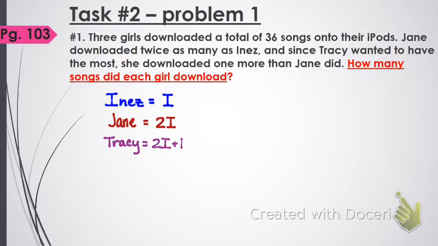Are we okay with this so far? What else do I know about all 3 ladies? All of their songs together add up to be 36. So if I add all of these, I get 36. I can write one big long equation out of this.